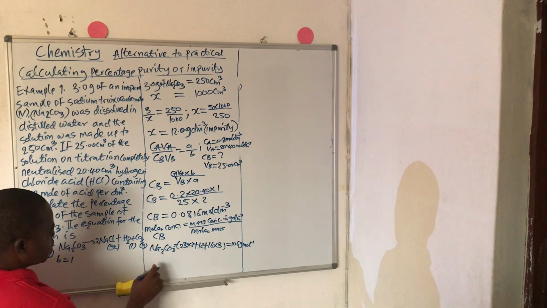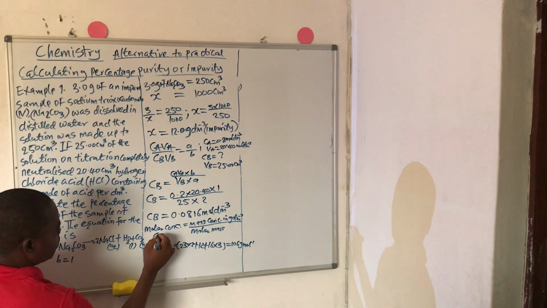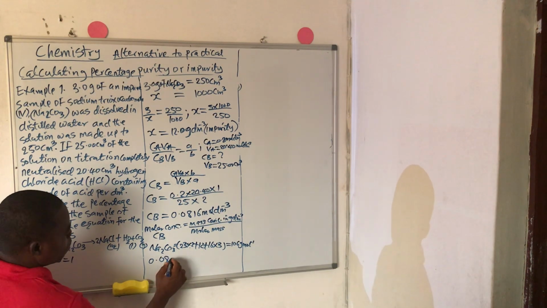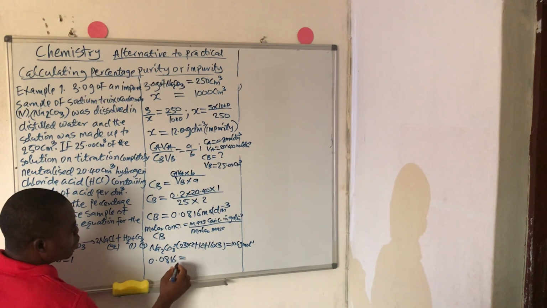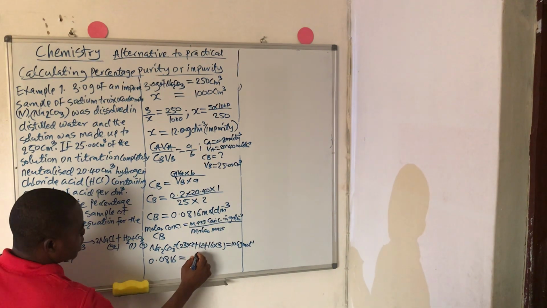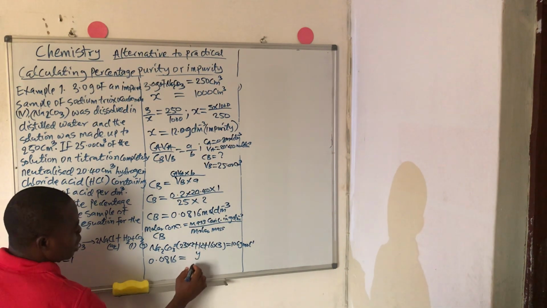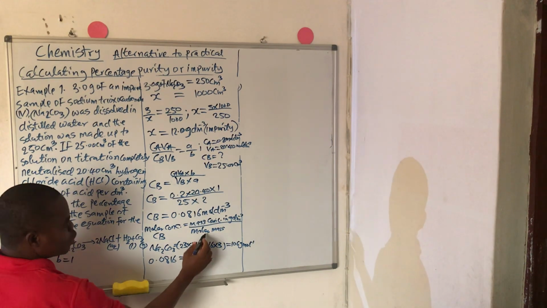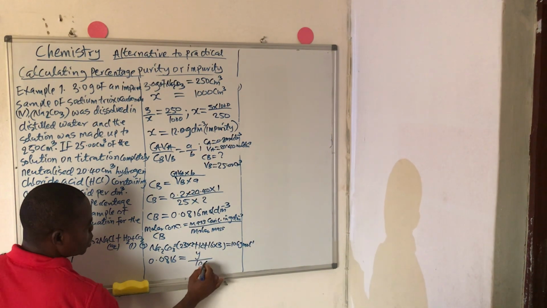Now to find this result, it means that in place of this, I'm going to write 0.0816 is equal to Y, because that's what I want, the mass, divided by 106.